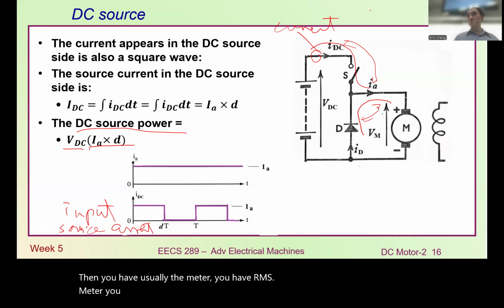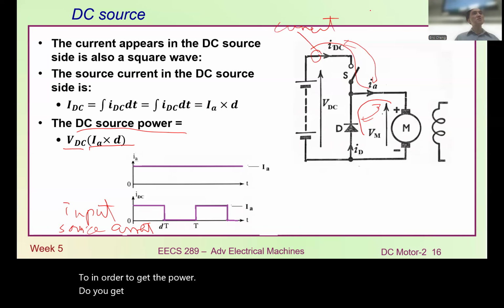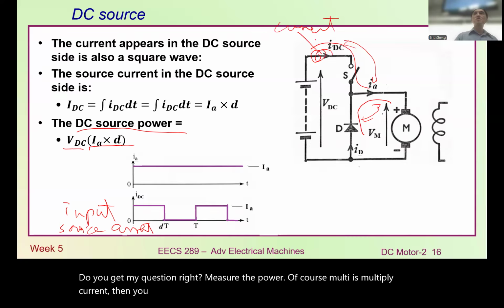Which one should you use to measure this input current in order to get the power? Do you get my question, right? To measure the power, of course, is voltage multiplied by current. Then you put the meter in here to measure the current.